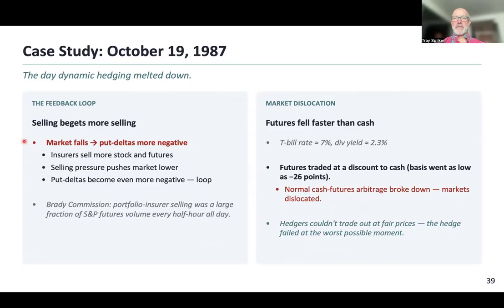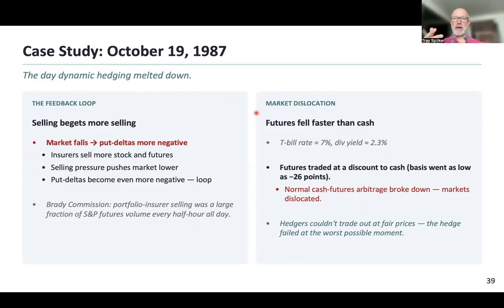The Brady Commission, which was set up by Congress, investigated and later estimated that portfolio insurers' selling pressure accounted for most of the total market futures volume throughout the day. What's also interesting in this example is that markets dislocated in that futures fell faster than the spot market, because that's where insurers were selling.